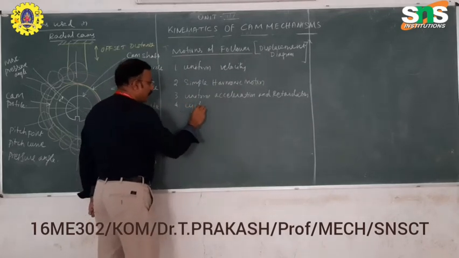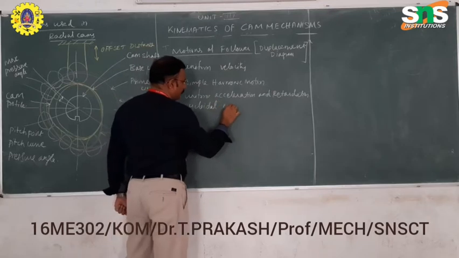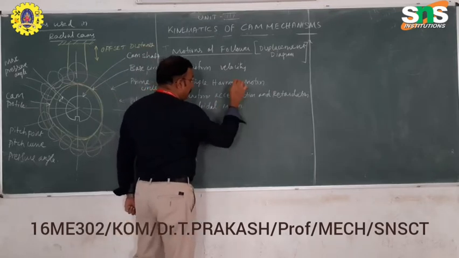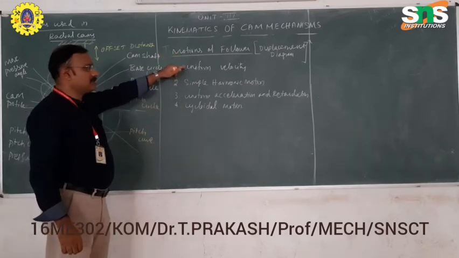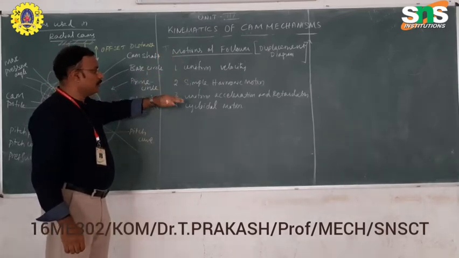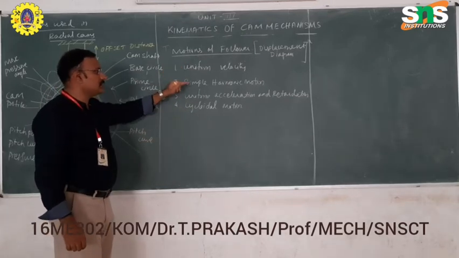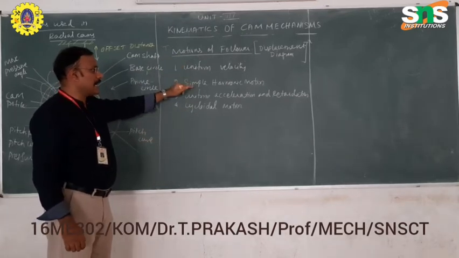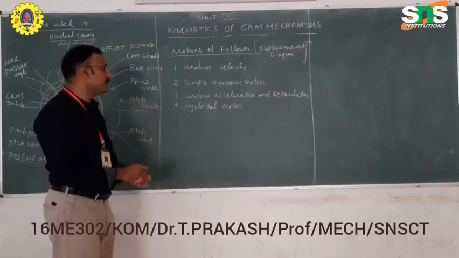The follower motion is categorized into uniform velocity, simple harmonic motion, uniform acceleration and retardation, then cycloidal motion. All these follower motions have some form of displacement diagram. We will see one by one.